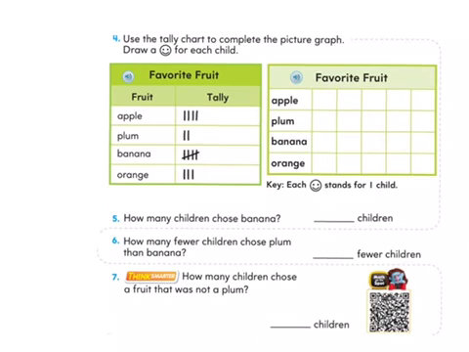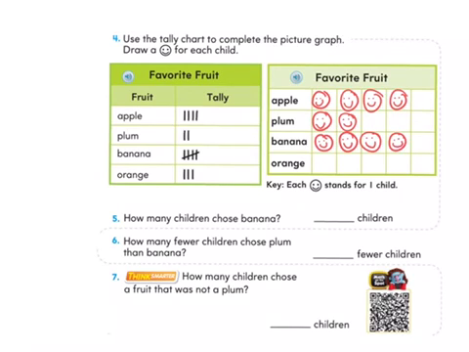We can see 4 kids voted for apple, so I'm going to draw 4 smiley faces. Two kids chose plum. 5 kids chose banana. And 3 kids chose orange.